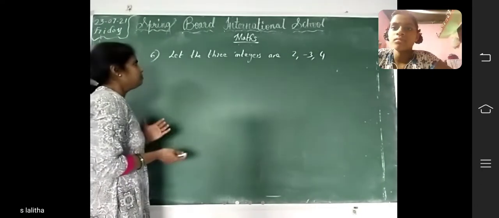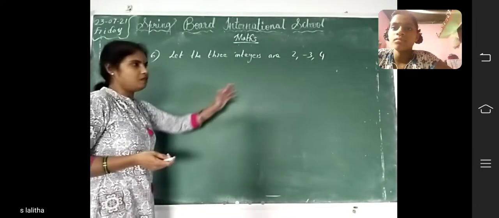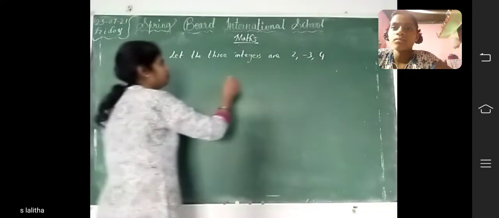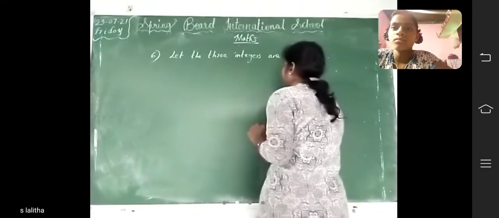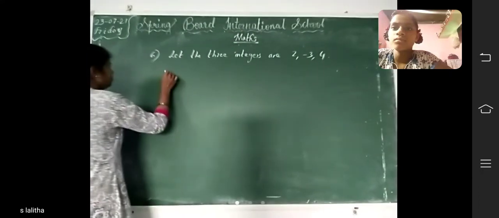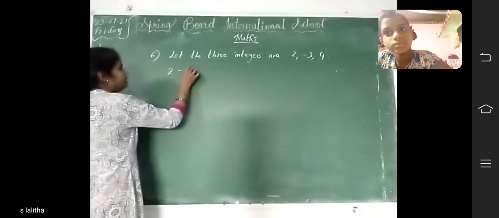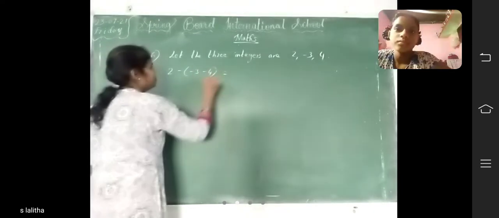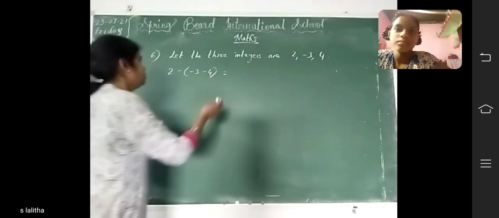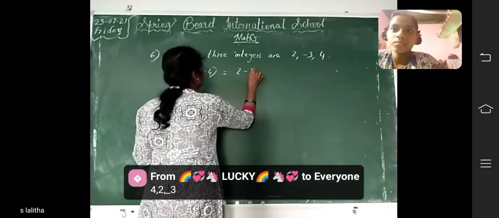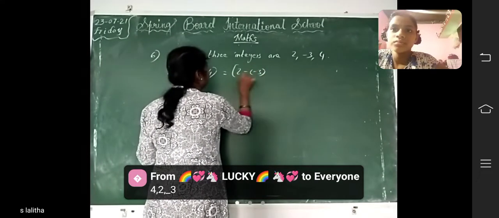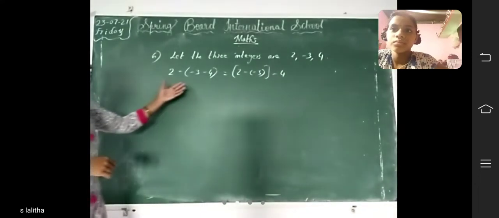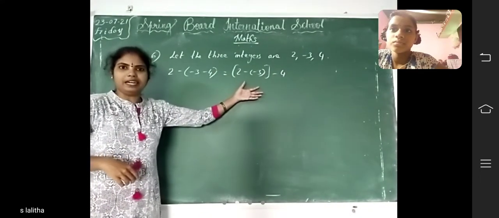Now you can do subtraction with these 3 integers. So 2 minus (minus 3 minus 4) equals (2 minus minus 3) minus 4. This is the subtraction. This is the left hand side and this is the right hand side.